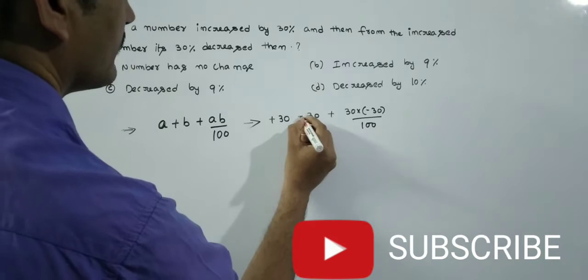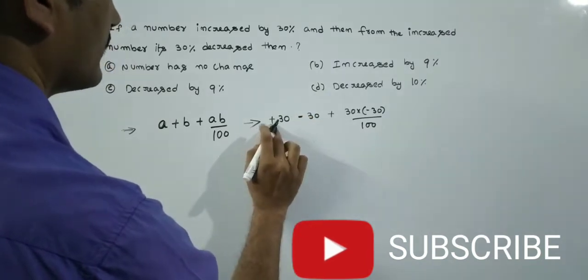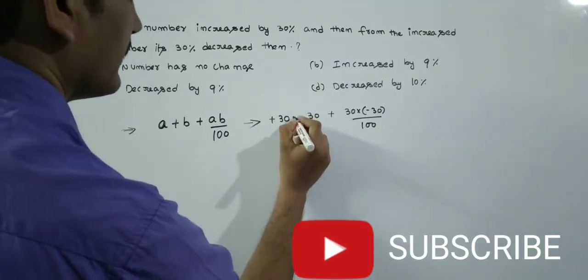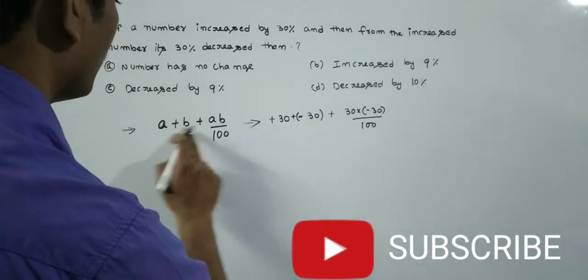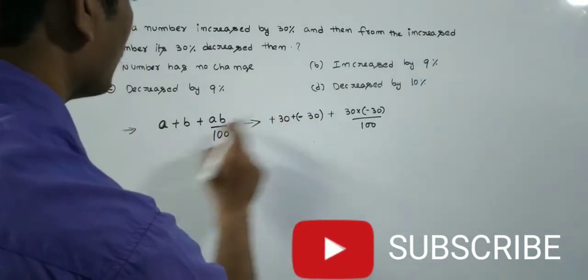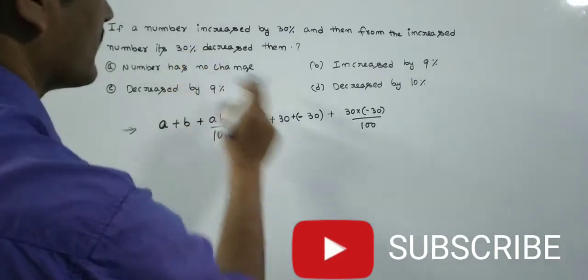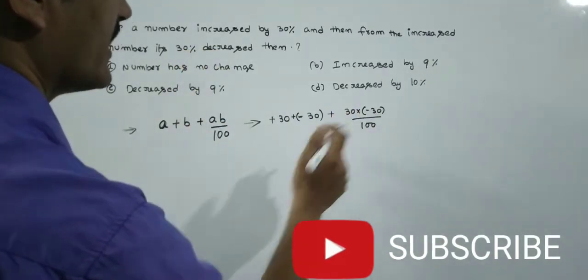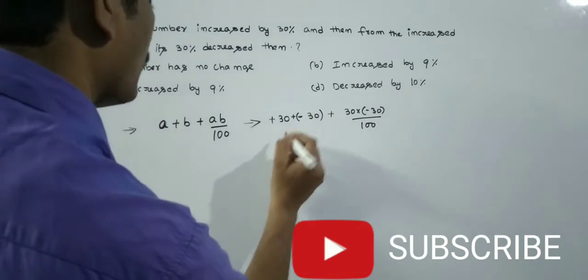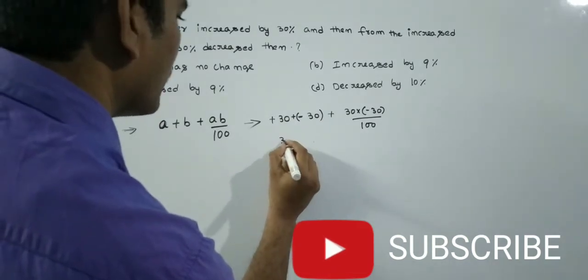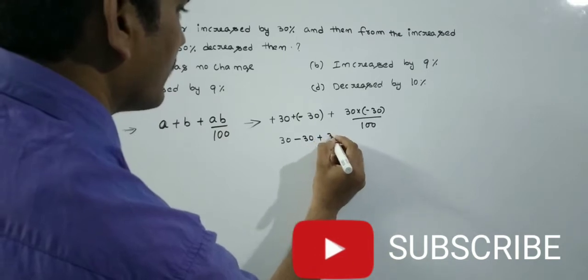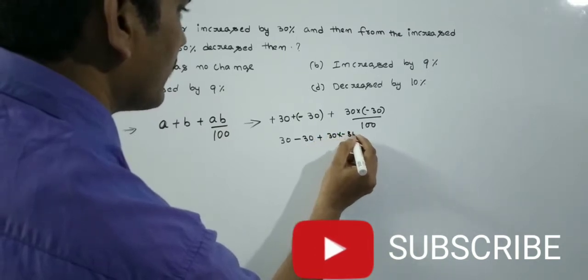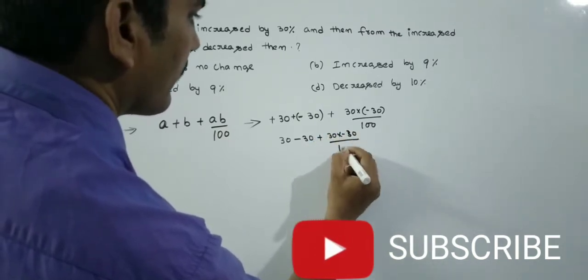See friends, even if you put plus here, A is plus 30 and B is minus 30, so we can write it as 30 minus 30 plus 30 into minus 30 by 100.